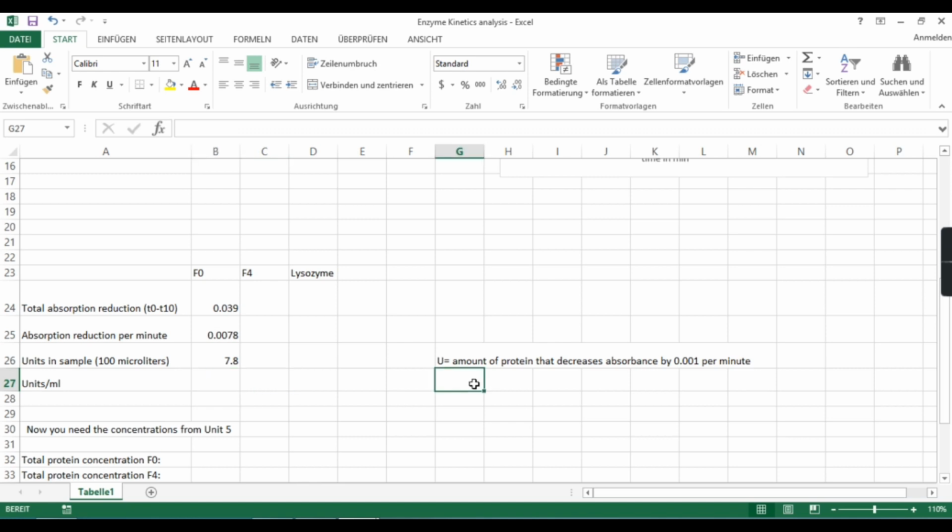For the units per milliliter, I prepared kind of a help. So 100 microliters times 10 equals 1 milliliter. And if we have 7.8 in the 100 microliters, we also have to multiply then by 10 in order to get the units in the sample per milliliter, which equals then 78 for us.